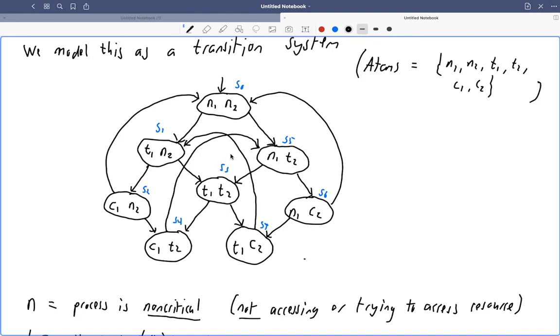So an alternative is to say, well, actually, this is a good model, and we want to explore properties of the model under the assumption that the system behaves fairly.